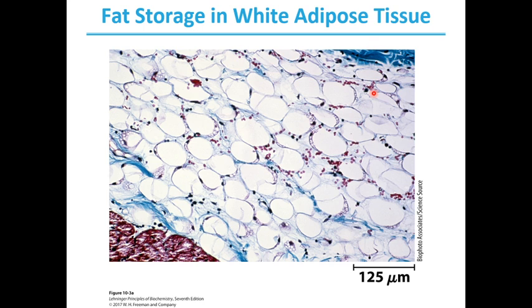The figure here shows a cross-section of human white adipose tissue. Each cell contains a fat droplet, shown in white, and it is so large that it squeezes the nucleus against the cell membrane.